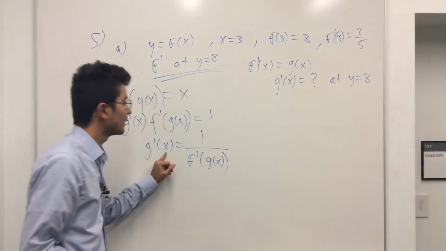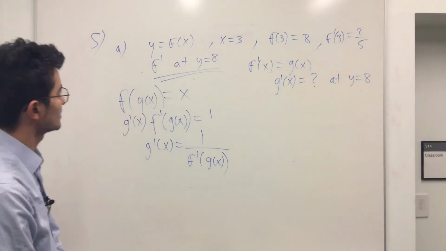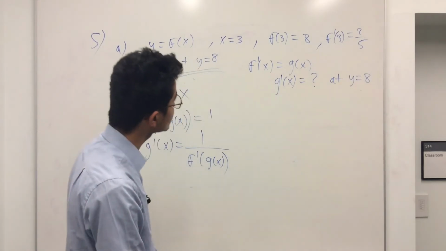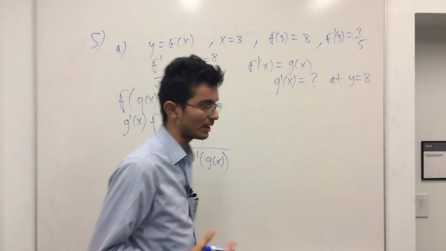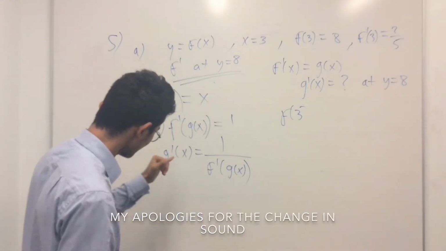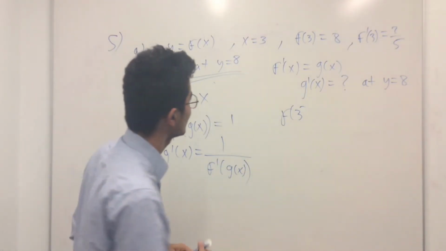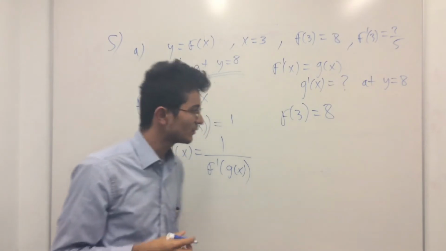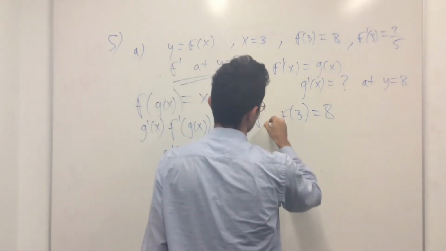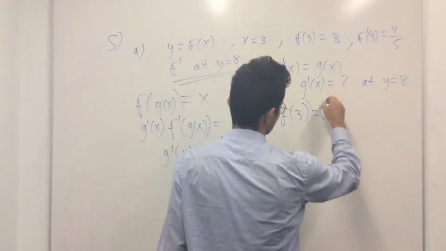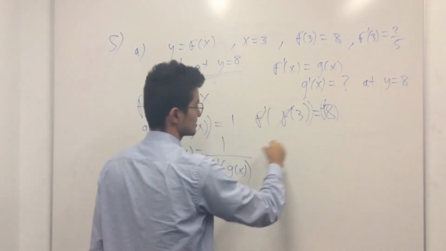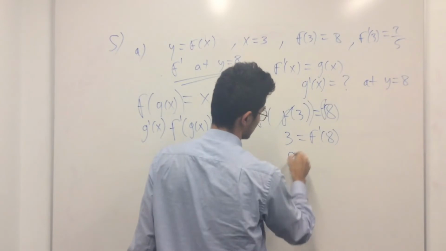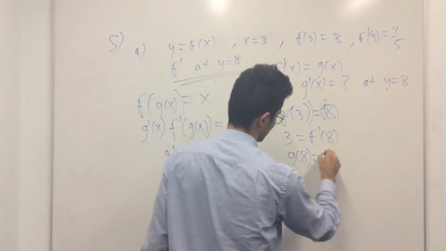And right over here we can say a few things about the information given. Because we're given that f of 3 is equal to 8, we know that if we take the inverse on both sides, we're going to cancel out f, so we have 3 equals f inverse of 8, which says that g of 8 is equal to 3.